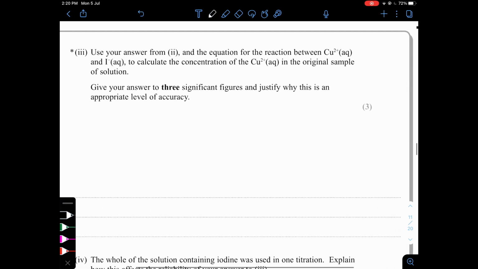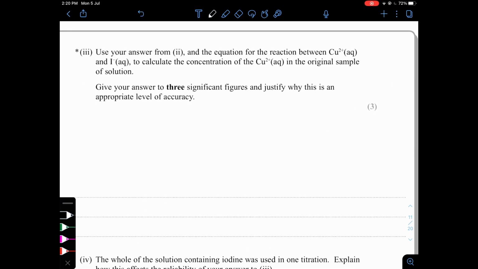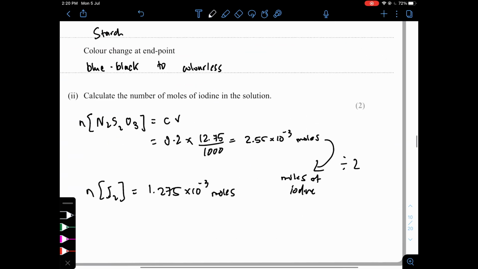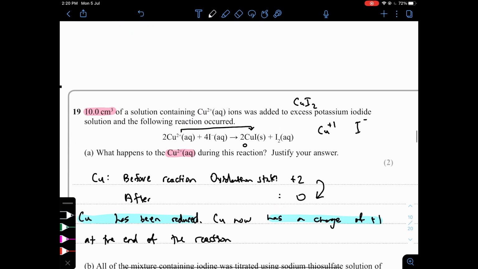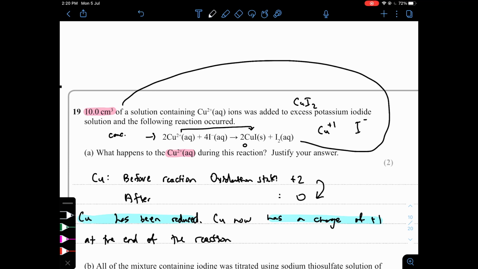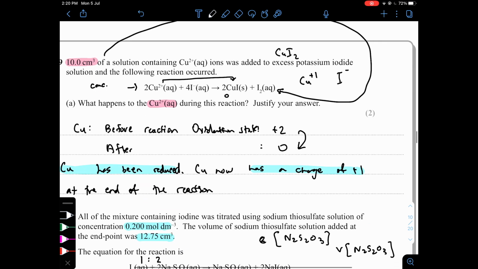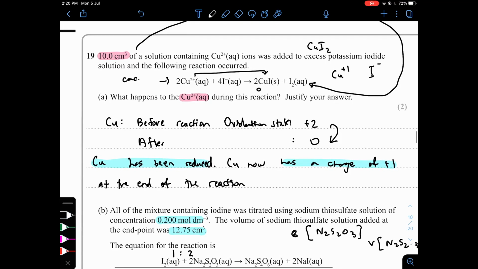Use your answer from II and the equation for the reaction between Cu2+ (aq) and I- (aq) to calculate the concentration of Cu2+ in the original sample of solution. So let's go back. They're asking us to find the concentration of this. Now we know that 10 centimeter cubed could have only provided this aqueous iodine, right?